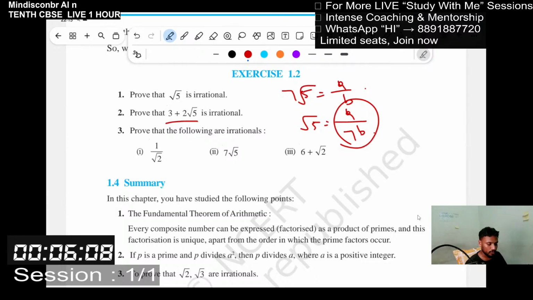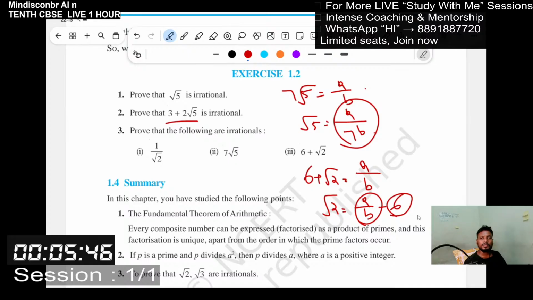And then coming to the next question, 6 plus root 2. This also, first we have to write in the same steps. Assume 6 plus root 2 is a rational number. Then 6 plus root 2 is equal to a by b. And then root 2 is equal to a by b minus 6. The 6 is also a rational number, and a by b is also a rational number.